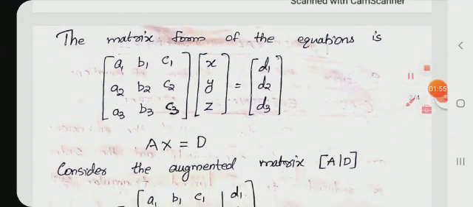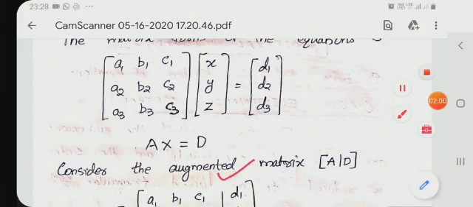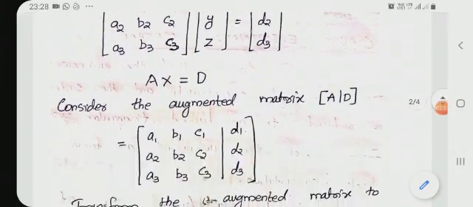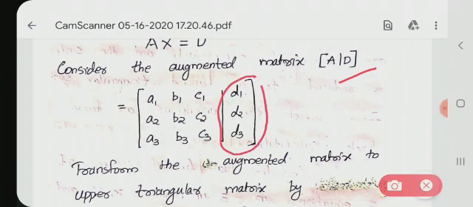The matrix form is AX equal to D. Now we form a new matrix called the augmented matrix AD, constructed by inserting a new column d1 d2 d3 to the right side of the coefficient matrix A, and that column matrix is the constant matrix D.